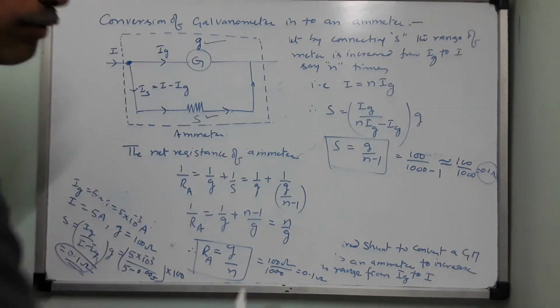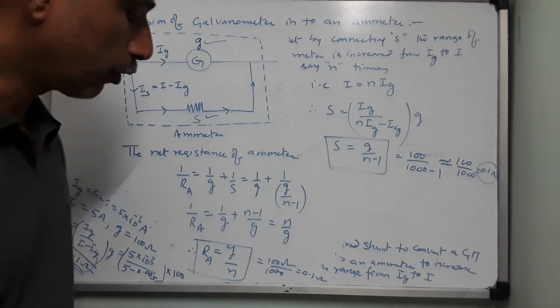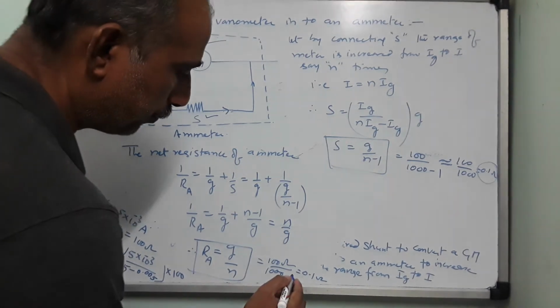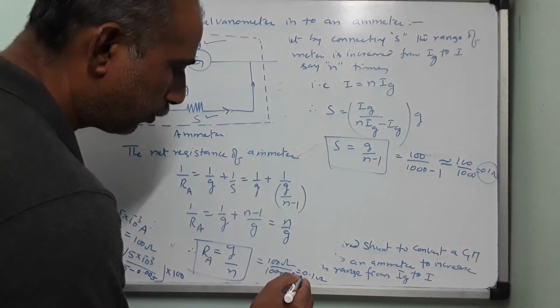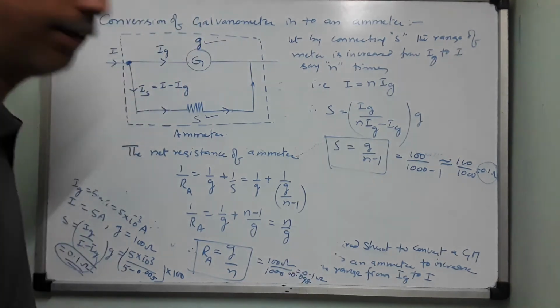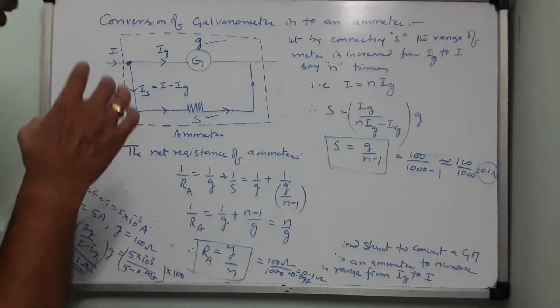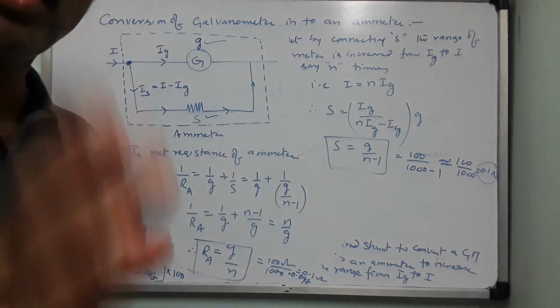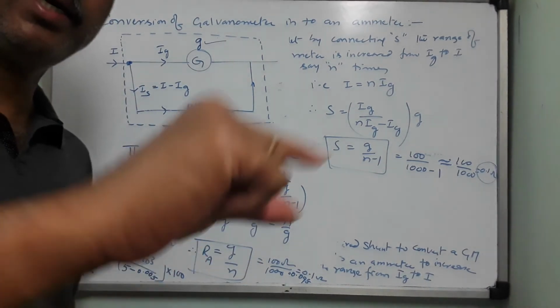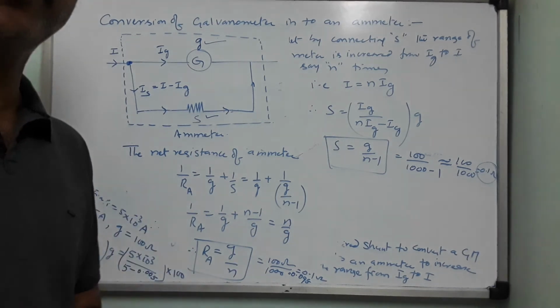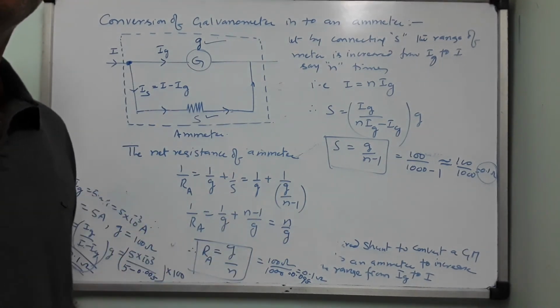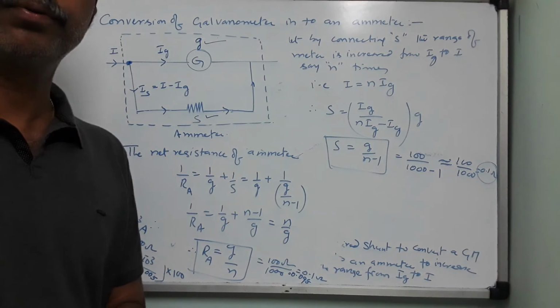Around 0.098 or 0.099, that small. So such a device which has very small resistance, when you connect it in series in a given network, is not going to alter the net resistance of the circuit.